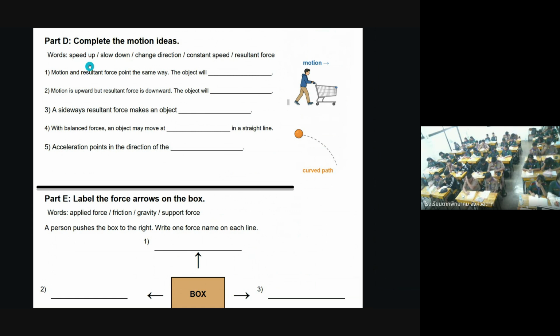If the motion and resultant force point in the same way, the object will speed up. If the motion is up, but the force is down, the object will slow down. A sideways resultant force makes an object change direction.